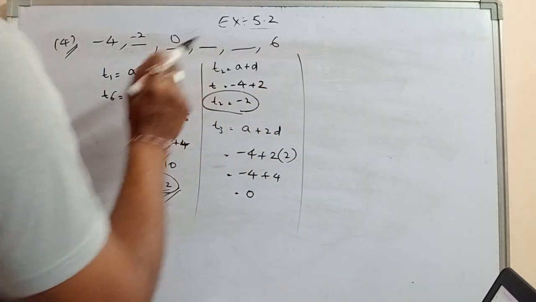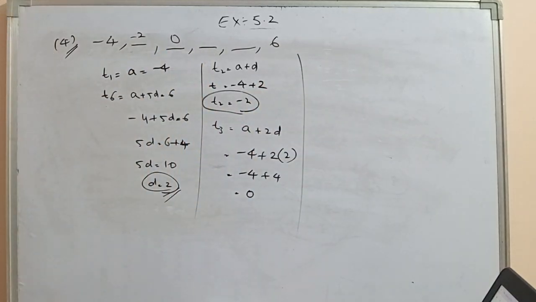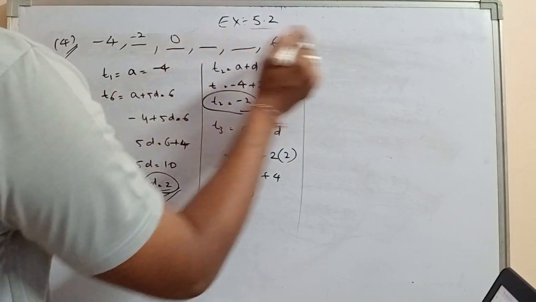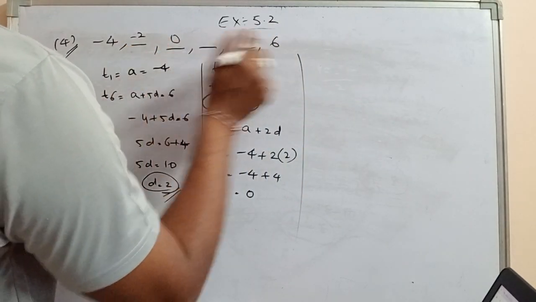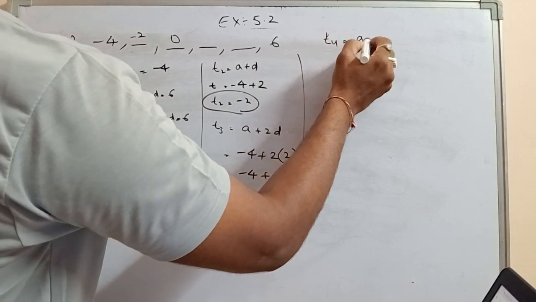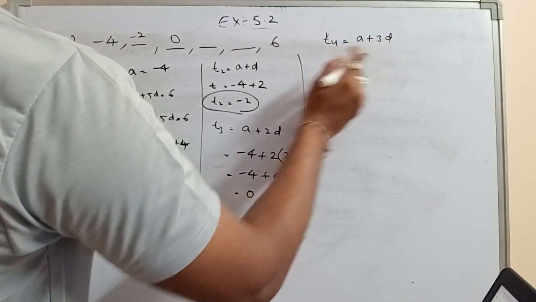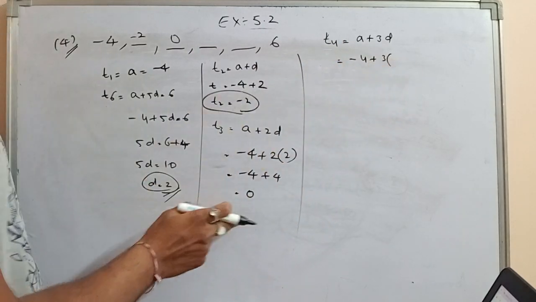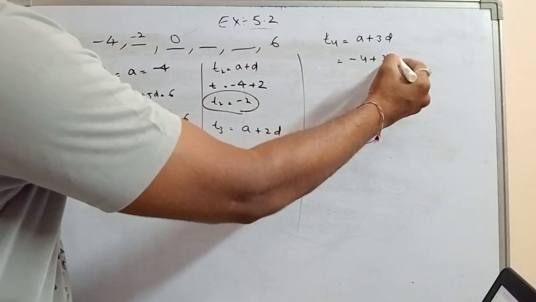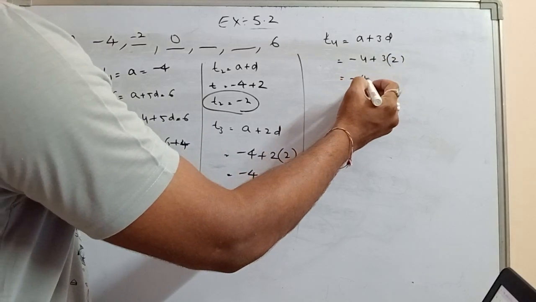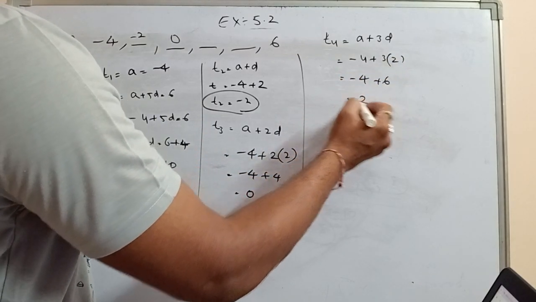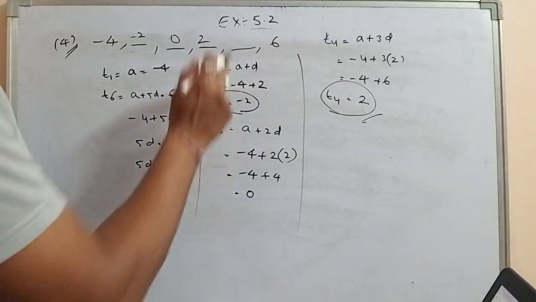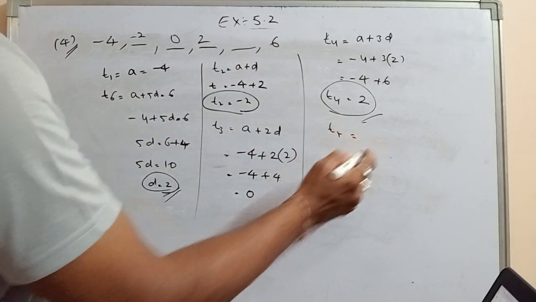In the same way, we have to find the value of T4. So T1, T2, T3, T4. T4 is equal to a plus 3d. The value of a will be again minus 4 plus 3 into the value of d, which is 2. So it becomes minus 4 plus 6, which is 2. So the value of T4 will be 2. And T5, can you do it?